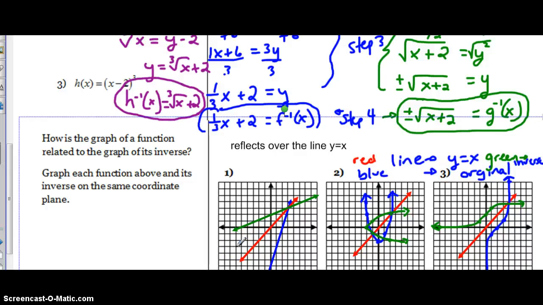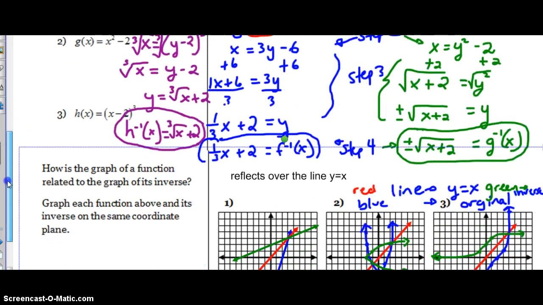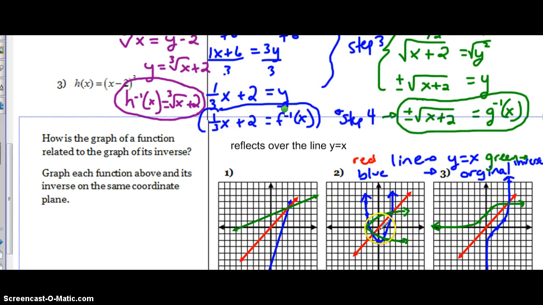Number 2 is our parabola, and our blue function, our original function, was our parent graph moved down 2. So notice our parabola, our parent graph, is down 2. And then for our inverse, I used transformations as well to graph it.